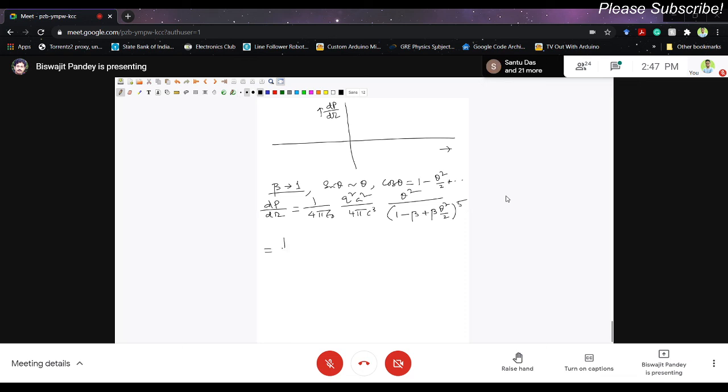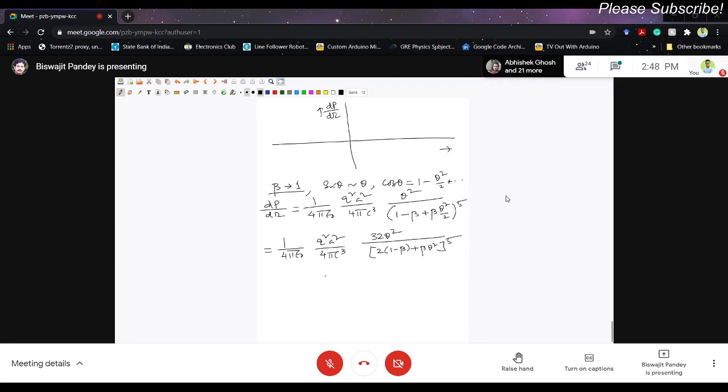Just algebraic simplification, nothing more. 1 by 4 pi epsilon 0, q square a square by 4 pi c cube. There is a 2 here, so let us take that 2 outside. 2 to the power 5 means 32. So 32 theta square divided by 2 into (1 minus beta plus beta theta square) to the power 5.